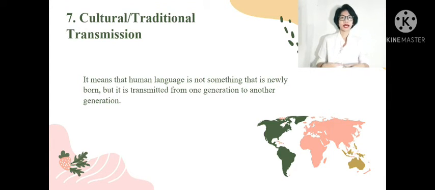As humans and language users, we are born to learn a language. But human language is not something that is newly born, but is transmitted from one generation to another generation. So we have to get our mother tongue, or the language that we will use every day to talk to other people around us.